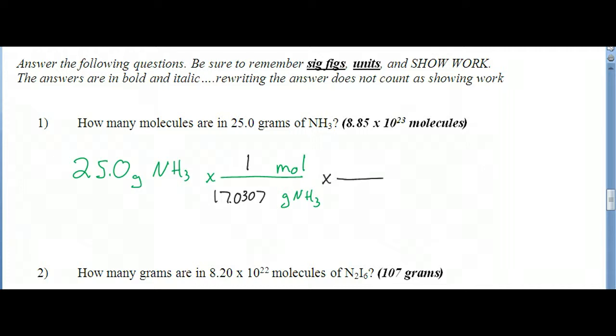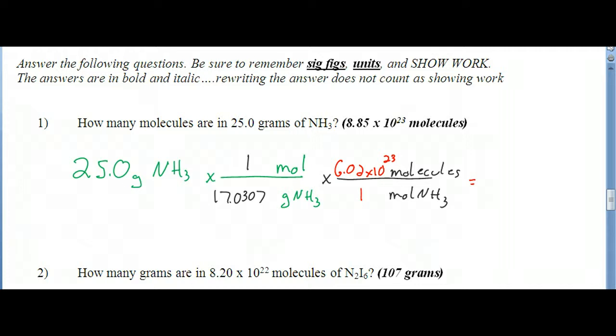Question asks for molecules, so I need to keep going. X, line, drag down the unit, moles of NH3 to molecules. Now this is a conversion that we are able to do. And so 1 mole is equal to 6.02 times 10 to the 23rd molecules.